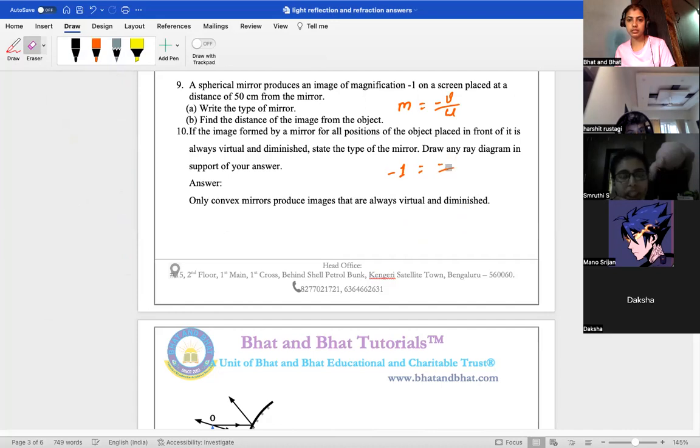Ma'am, then why have they given convex mirror? Where have they given convex? No, nothing. It is for the next question. Next question it is. Question number 10. Answer is not given for question 9.